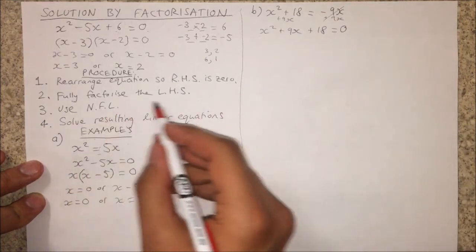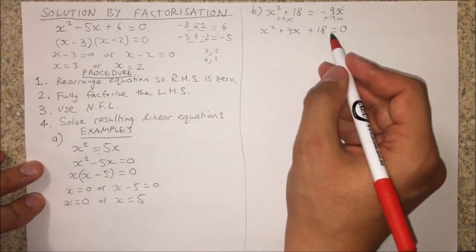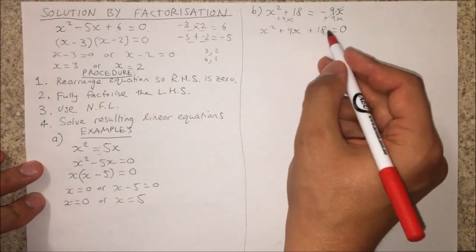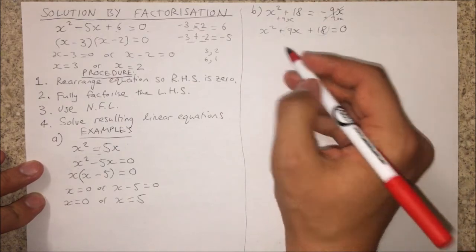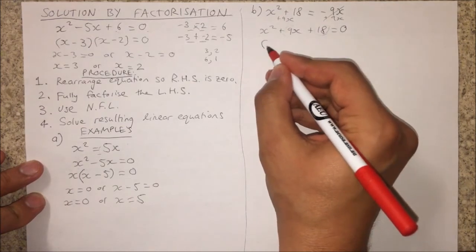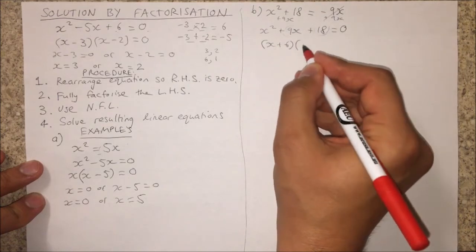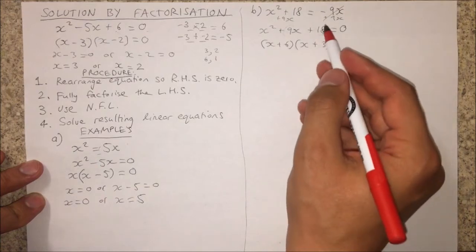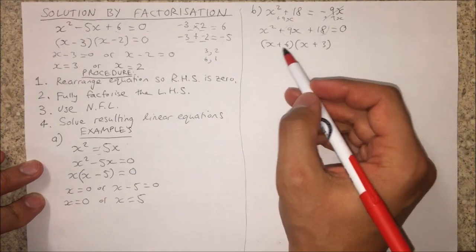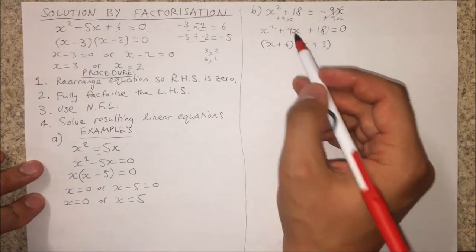Now, second step, we're going to fully factorize. So two numbers that multiply to give us 18 and add to give 9. So two numbers would be 6 and 3. So x plus 6, x plus 3. So 6 and 3 multiply to give us 18, and 6x plus 3x add to give us 9x.